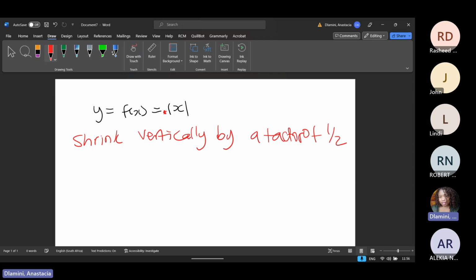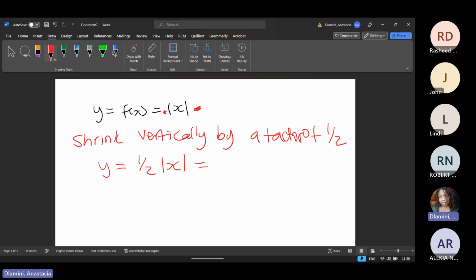If you multiply by a constant that is between 0 and 1, then you are shrinking the graph. But if you multiply by a constant that is greater than 1, you're actually stretching the graph. That's what we said in the previous discussion class. So here we are asked to shrink the graph vertically by a factor of 2. So basically it means that we're just multiplying the original equation by a half.